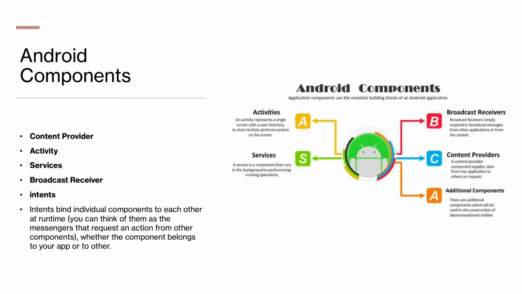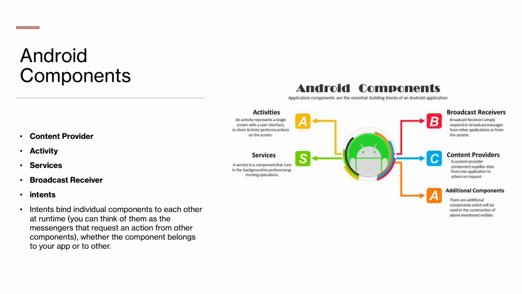Content provider: basically, the content provider component supplies data from one application to another on request. So when data is requested from one application by another, it is done using the content provider. And we have an additional component like intent. So intent is also very important.